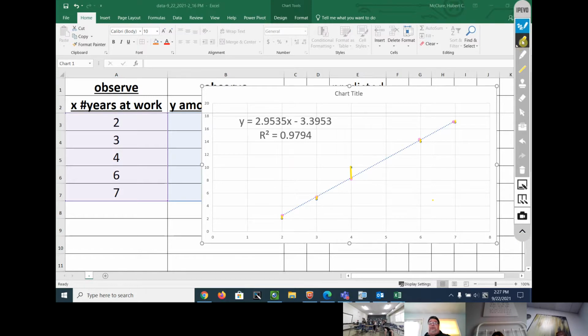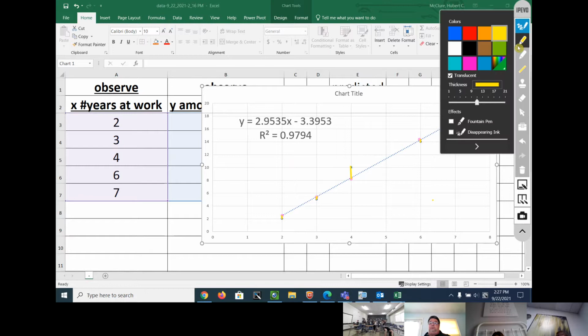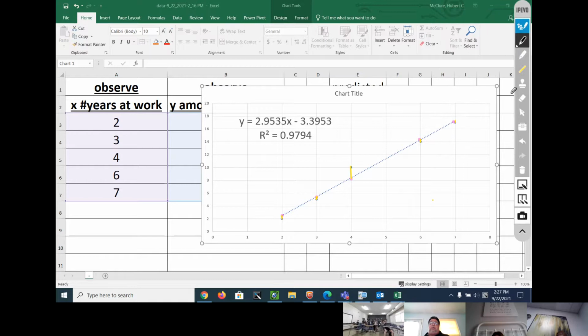No, but that's a good guess. It could be, yeah, you could actually say that, but that's not the right answer. These are called residuals. Write that down. The yellow line between the blue point and the magenta point, they're called residuals.